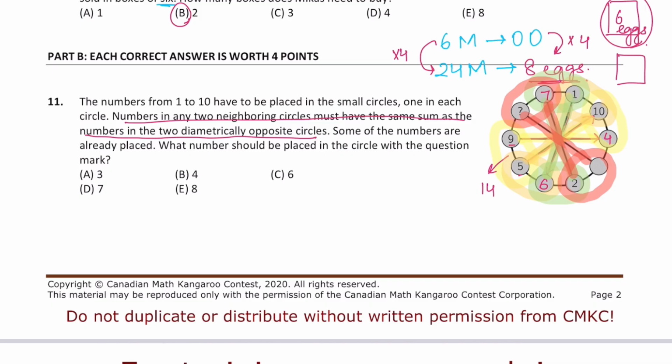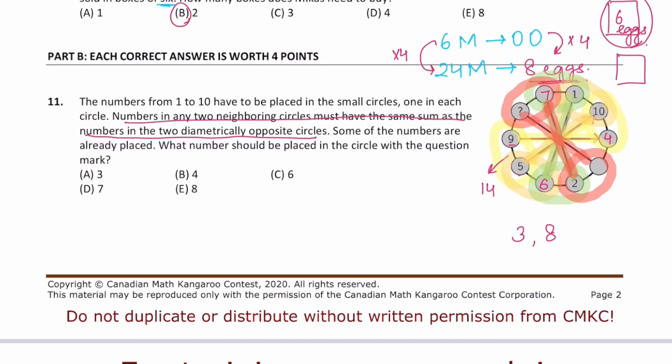So let's see what numbers I'm left with. I have 1, 2. I don't have 3 in my merry-go-round already. 4, 5, 6, 7. I don't have 8 either. So either 3 or 8 needs to go in my box here, like my question mark here.